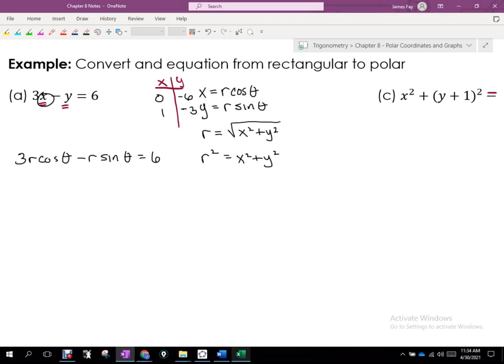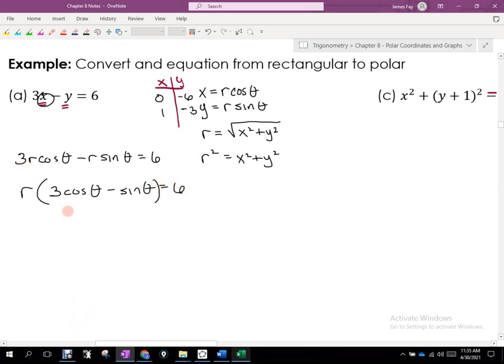Okay, so what do you see that both of these terms on the left-hand side have in common? They have r in them. So I'm going to factor that out, and I get left with r times 3 cosine theta minus sine theta is equal to 6, right?